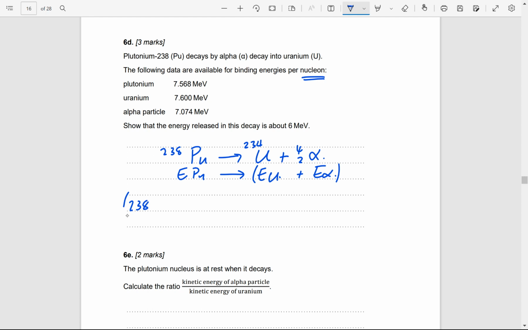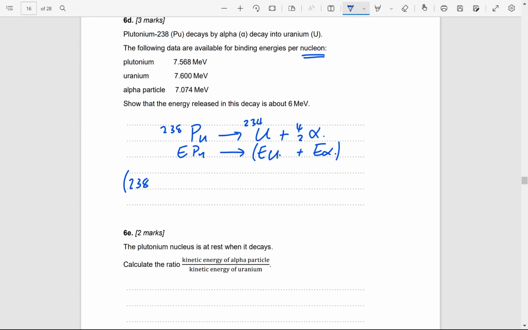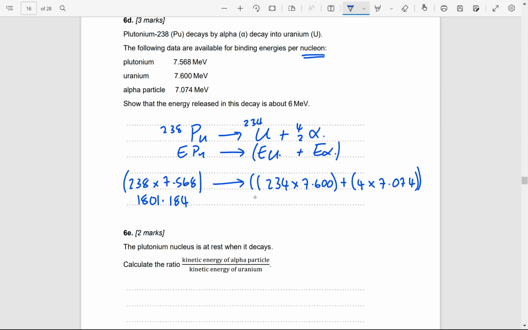So I've got 238 nucleons of plutonium, and each one has 7.568 mega electron volts. You have to work to so many decimal places on here. Please don't take shortcuts. Then I'm going to do this in one go: 234 by 7.6 plus 4 times 7.074.